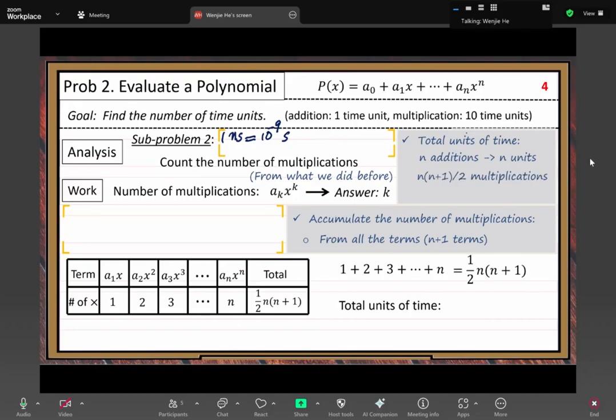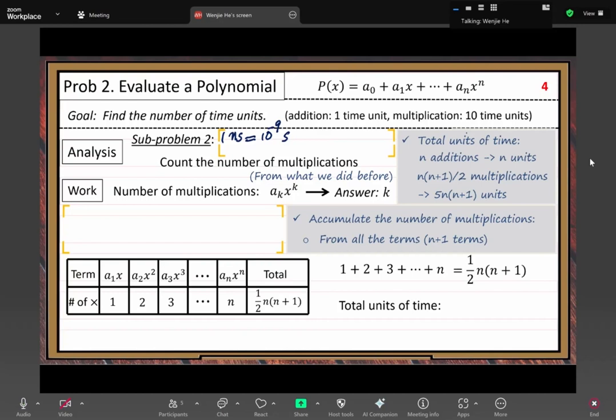Then for multiplication, we have this many multiplications, and we multiply this number by n to get the number of units of time for all the multiplications. So we get 5n times (n plus 1).